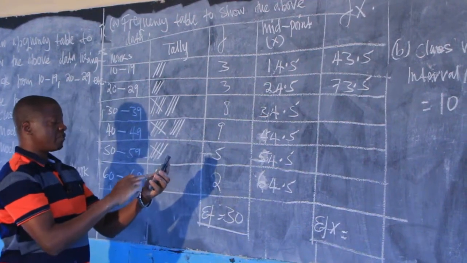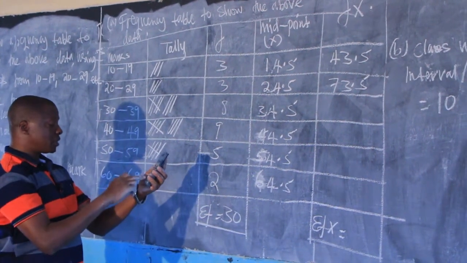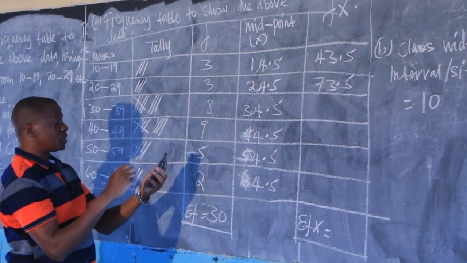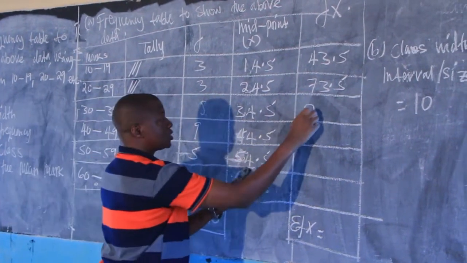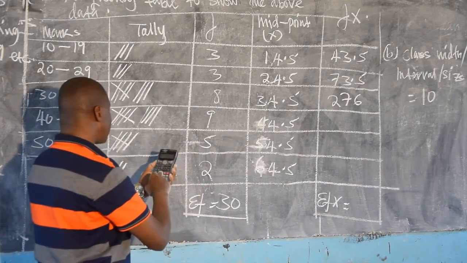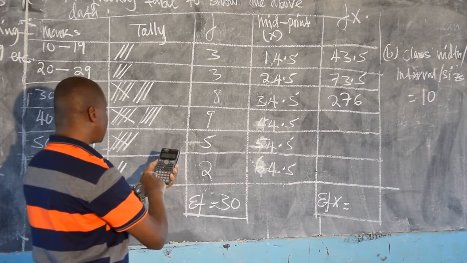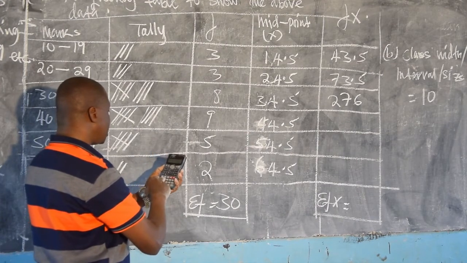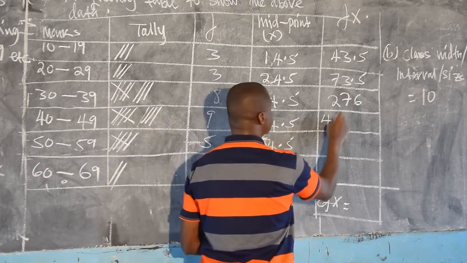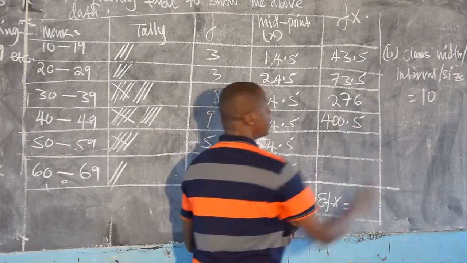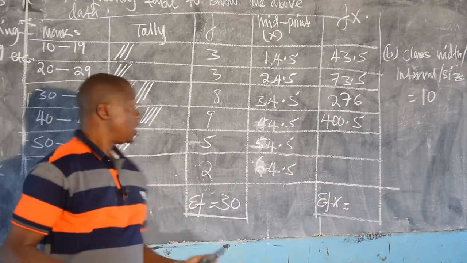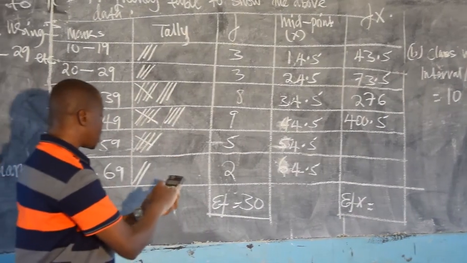Next, we have 8 times 34.5. This is 276. Next, we have 9 times 44.5. This is 400.5. Let us work together with a calculator to check if those values are correct.